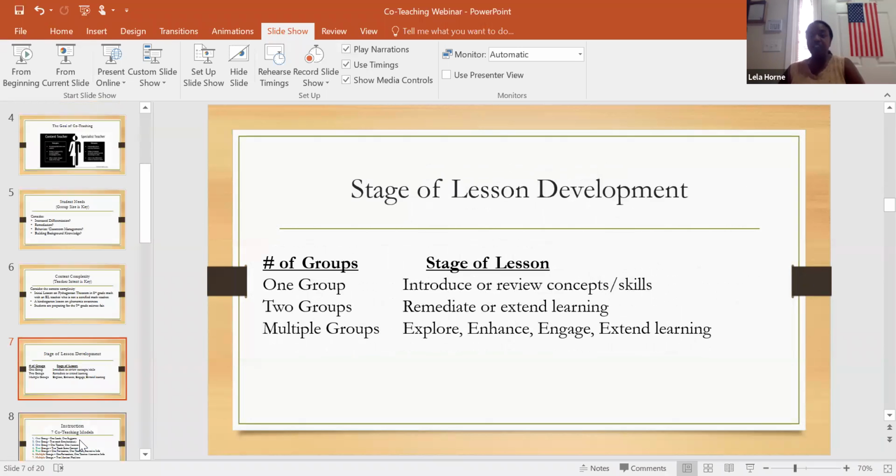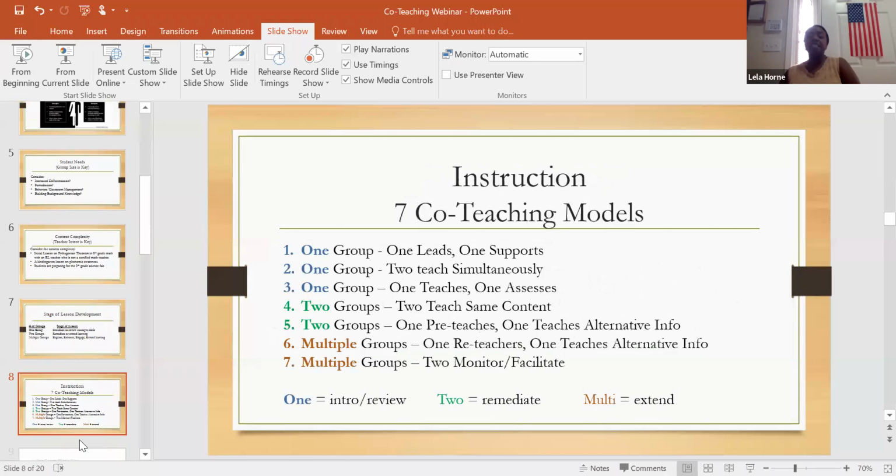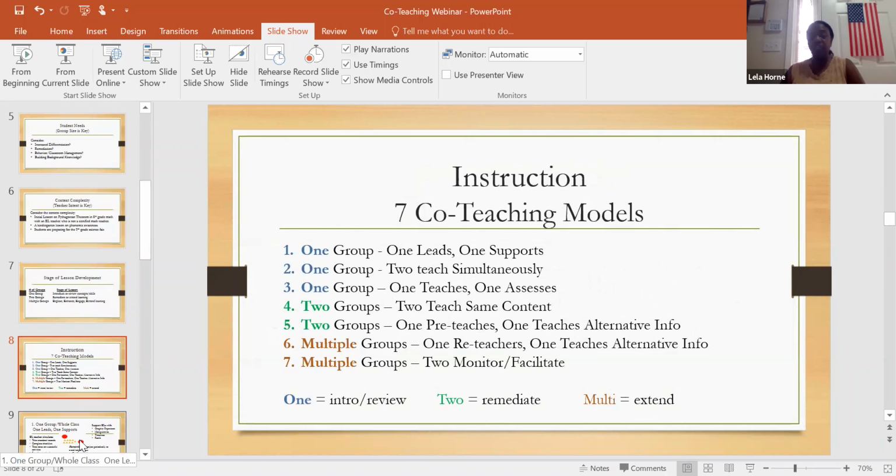The stage of development, this is pretty much self-explanatory. There's a time and a place for each of these group settings, whether it's one or two or multiple groups. There's a time and a place for all of it, depending on the stage of the lesson development. Here's a listing, tried to code it a little bit, of all the different types of lessons that you could have, or the configurations for the teaching models.